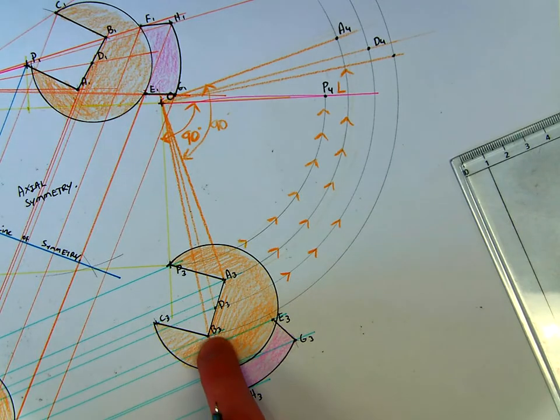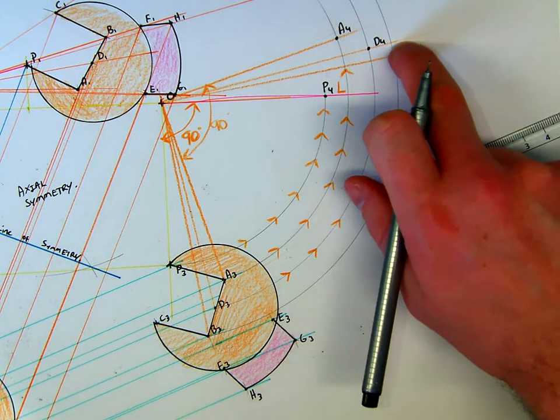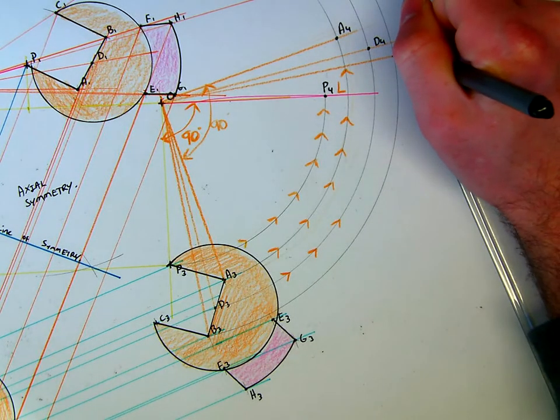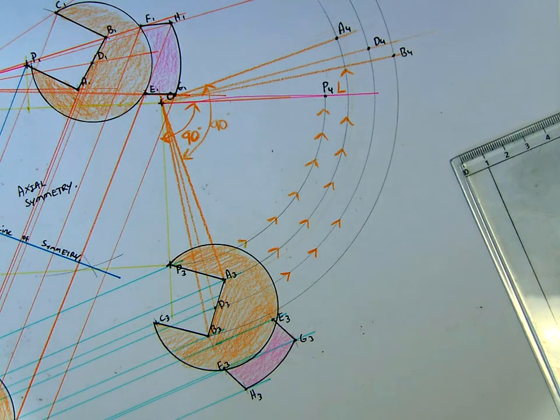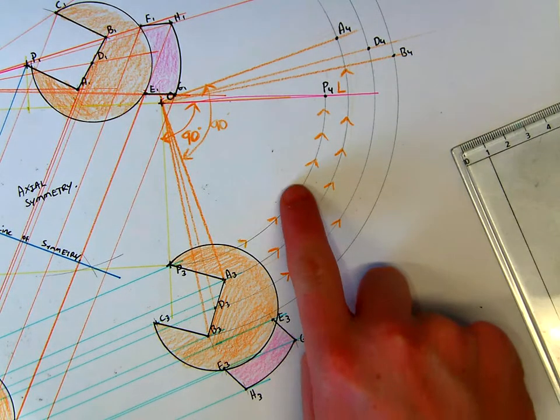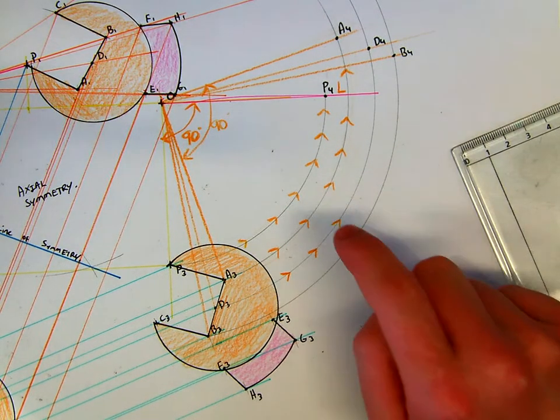So have a look here. I have an anti-clockwise curve from B3 all the way up, and where this 90 degrees cuts it, I'm going to label that one B4. So it's the same thing over and over again. You're swinging each one anti-clockwise, and you're making a 90-degree angle for each one.